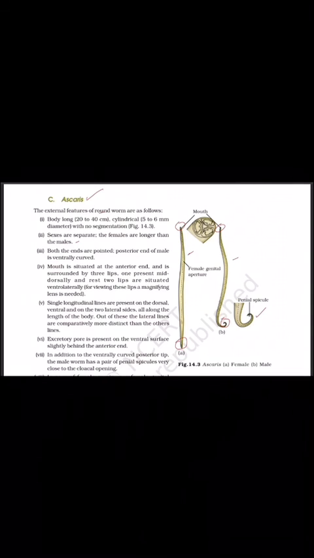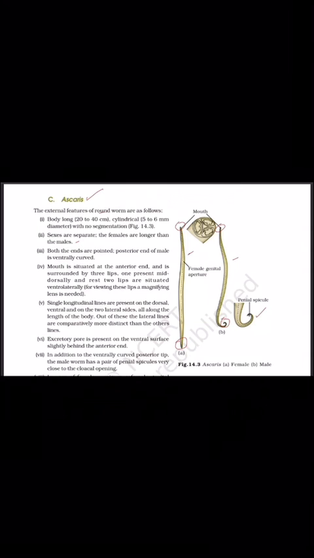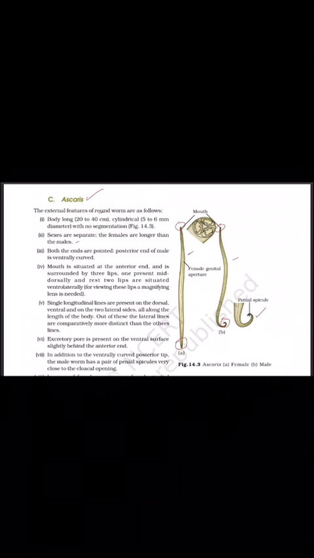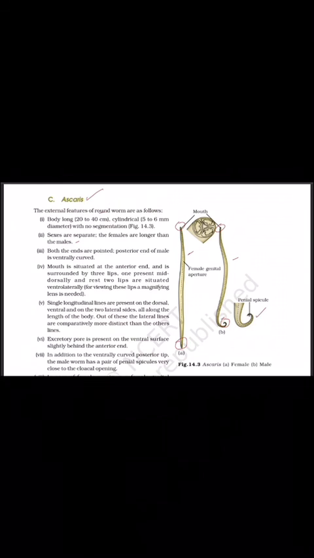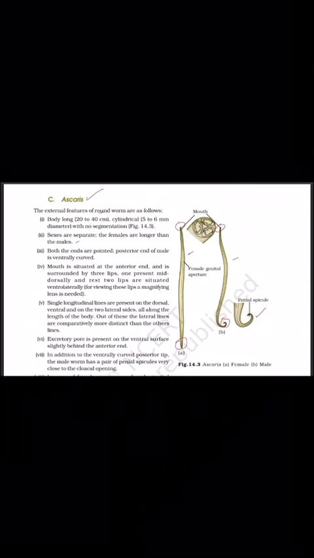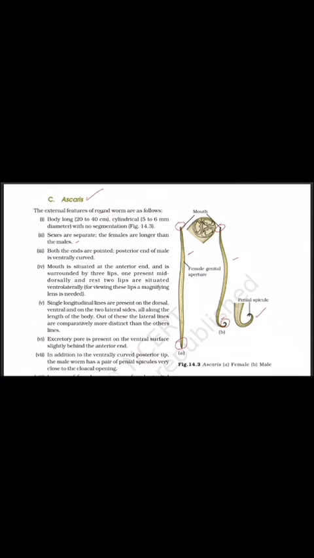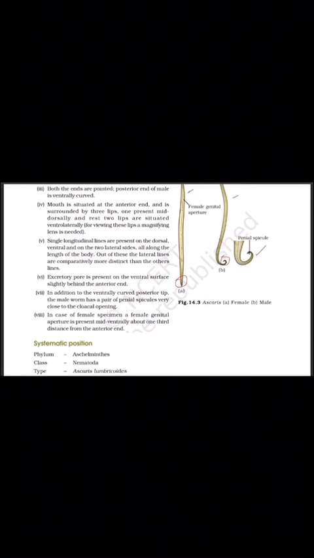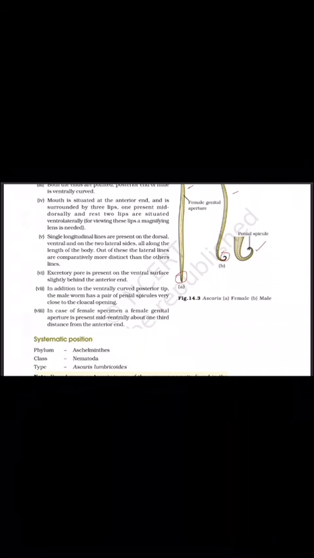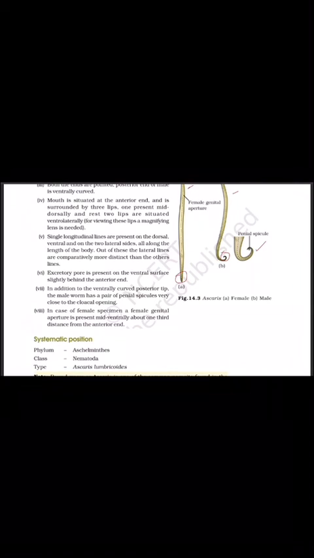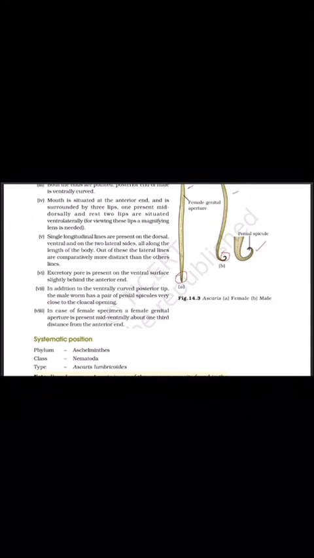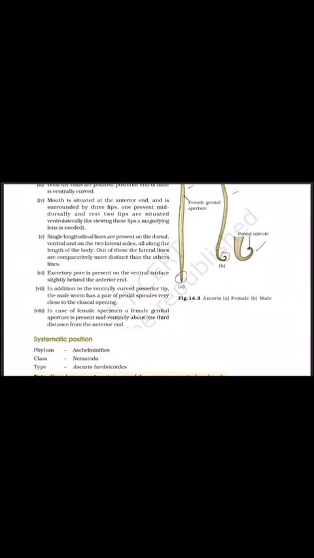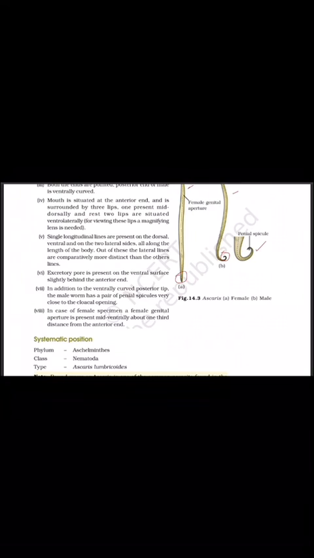And mouth is situated at the anterior end and is surrounded by 3 lips. One present mid-dorsally and the rest 2 lips are situated ventrolaterally. For viewing these lips, a magnifying lens is required. Single longitudinal lines are present on the dorsal, ventral and on the 2 lateral sides, all along the length of the body. Out of these, the lateral lines are comparatively more distinct than other lines.